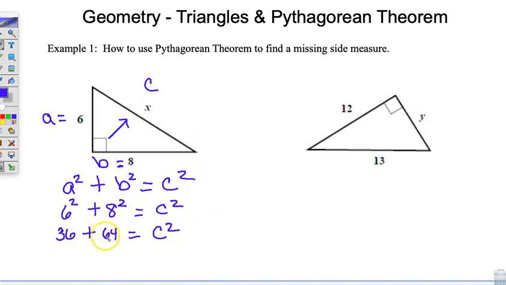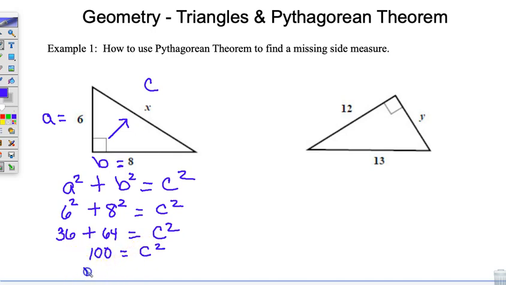So now I can go ahead and add these two up, and I get 36 plus 64 is equal to 100. But that is what C squared is. In other words, I need to figure out what number times itself is equal to 100. So in order to do that, I'm actually going to find the square root of both sides.